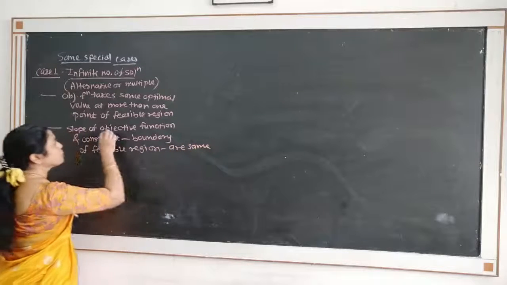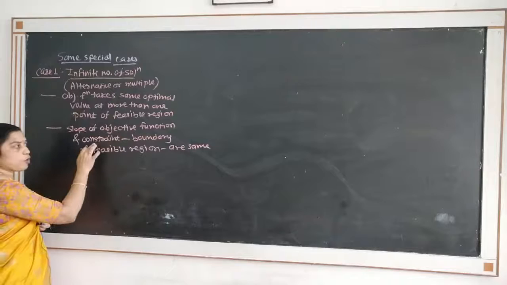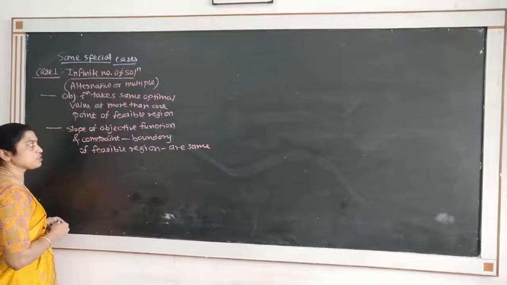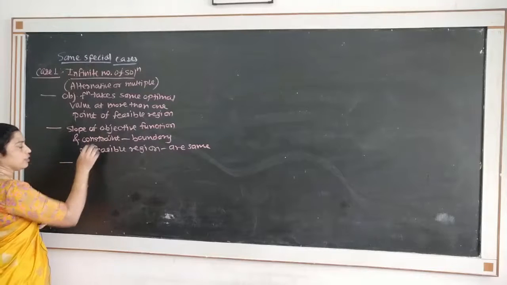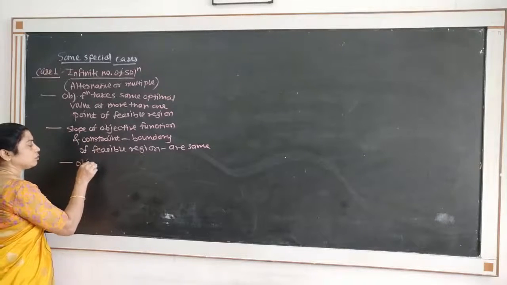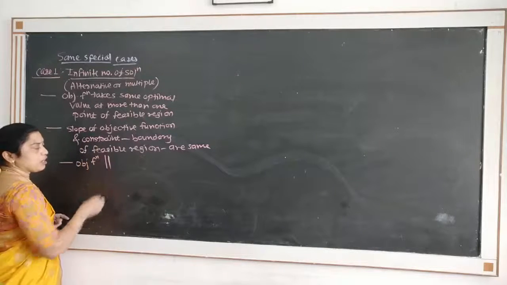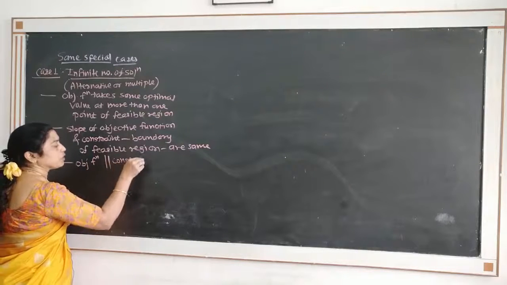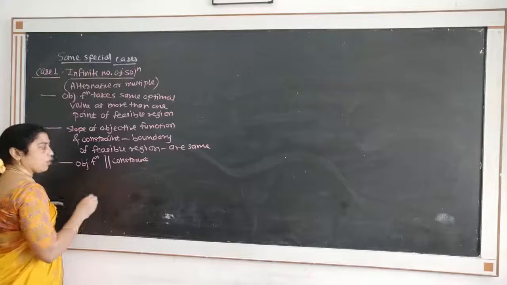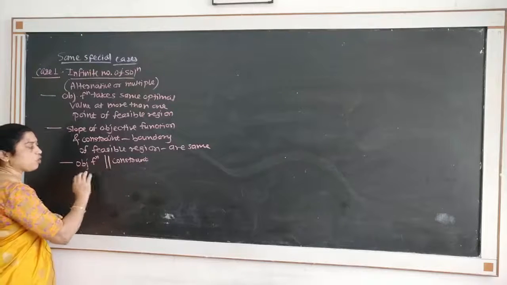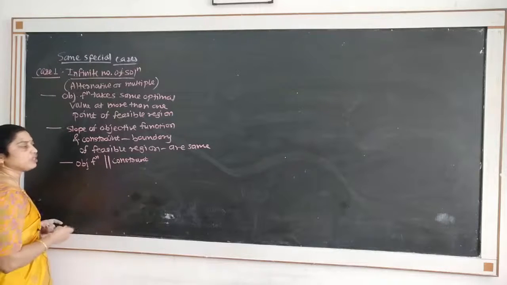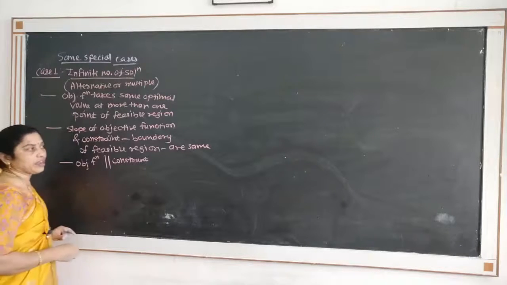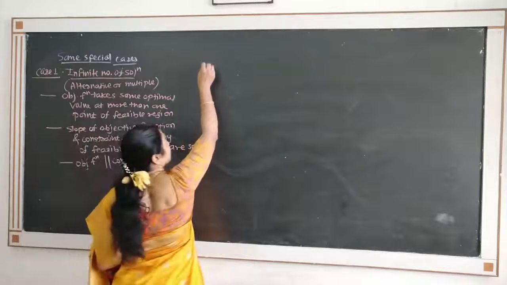The objective function is parallel to the constraint forming the boundary of the feasible region, or we say that they are multiples of each other. To get the idea clear, consider one example.